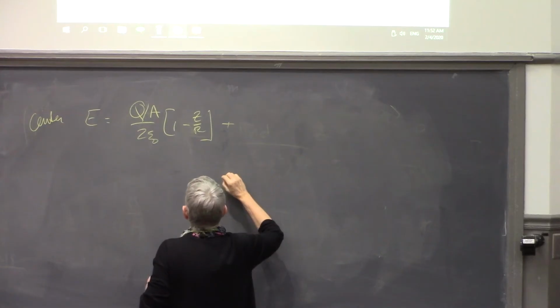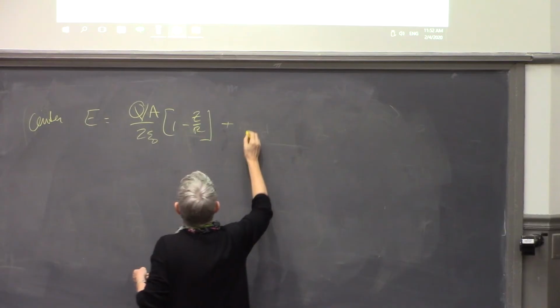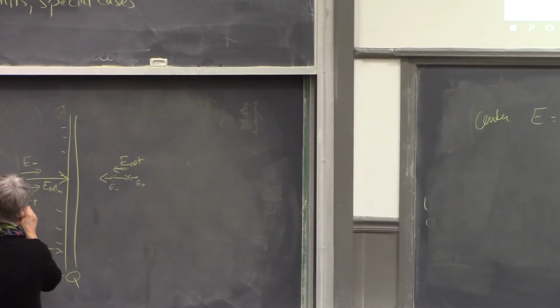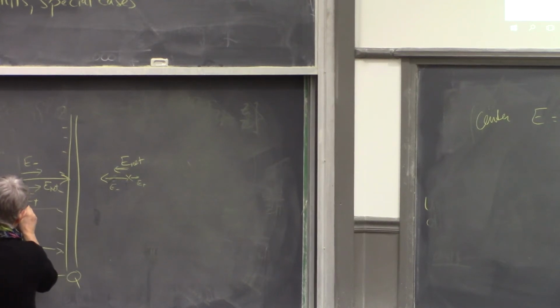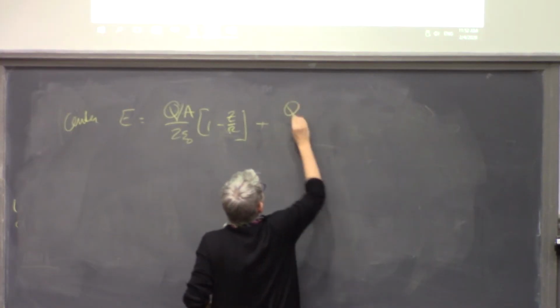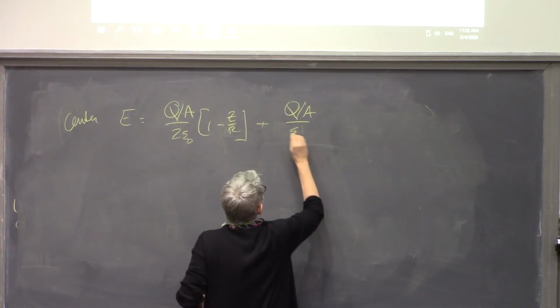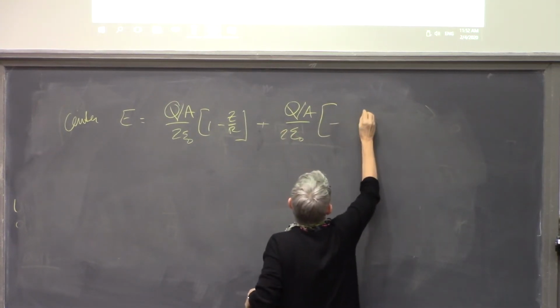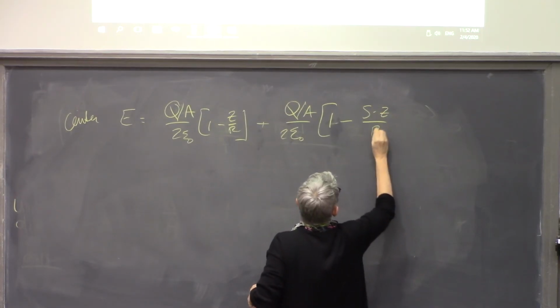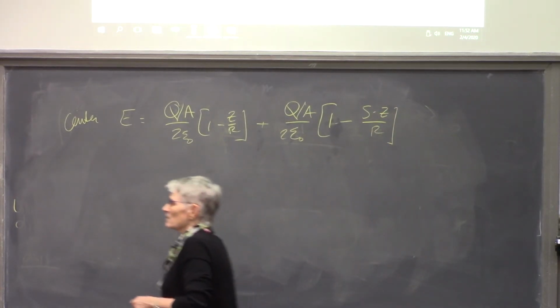Plus another Q over A. And then here we've got, what's that distance? That's S minus Z. So we have Q over A over 2 epsilon 0, 1 minus S minus Z over R, if I did that right.